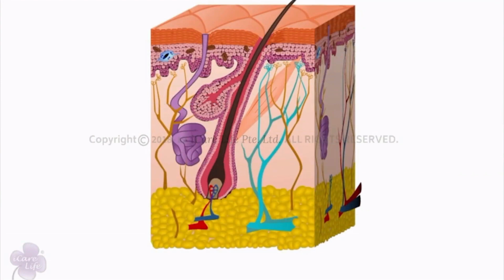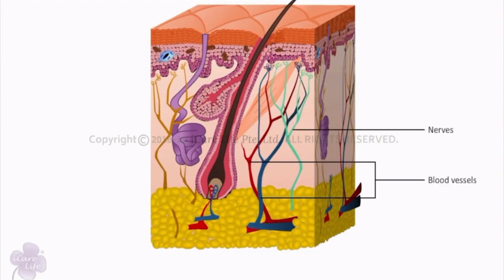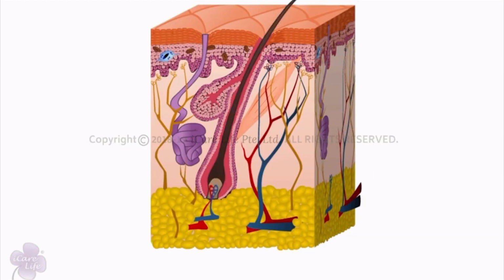Dermis also contains blood vessels, nerves, and hair shaft. The nerves have different types of endings called receptors, which are sensitive to heat, cold, pain, touch, and pressure.